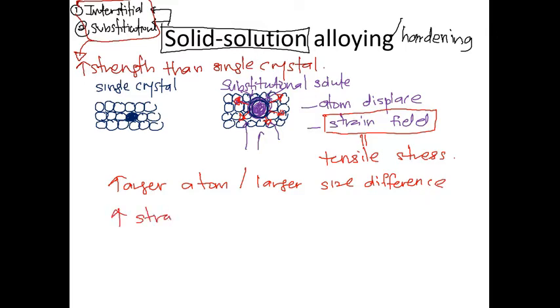Why do you create more strain? Because you have more atom displacement. With that, you can have harder crystals. So that is the example for the substitutional.